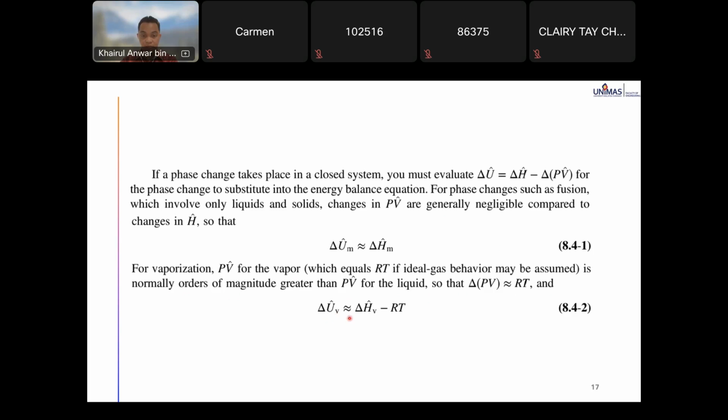So delta U V equals delta H V minus RT. This is for the vaporization.